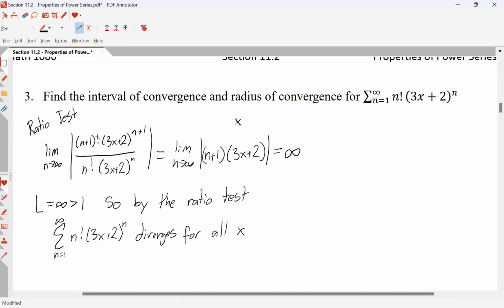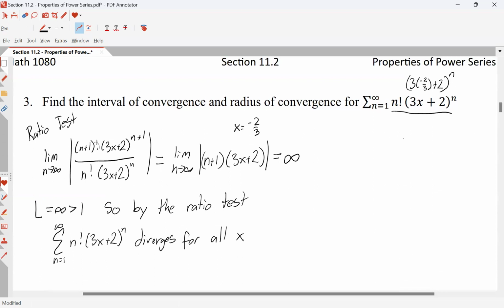What if I put x equals negative 2/3 in here? If x equaled negative 2/3, every term of this series would be 0. Doesn't matter what n is. At any term, I'd have 3 times negative 2/3 plus 2 to the n.